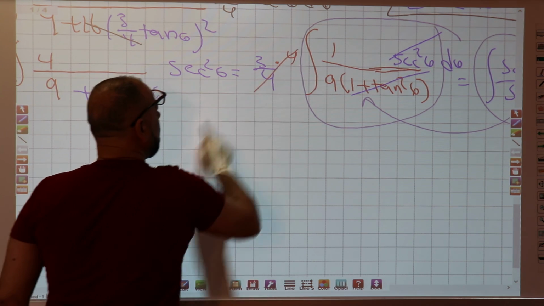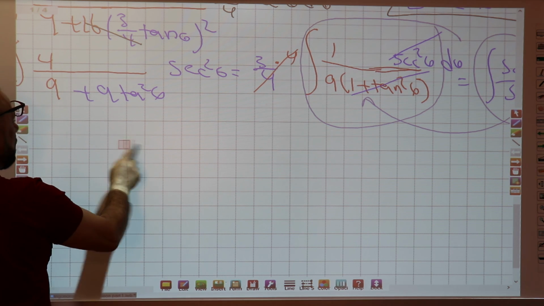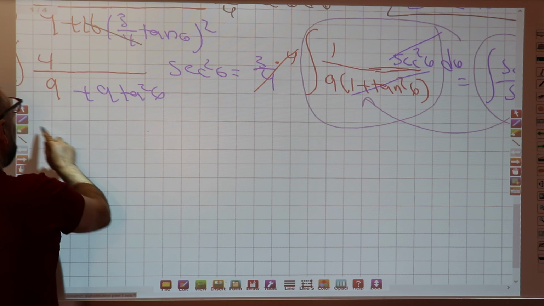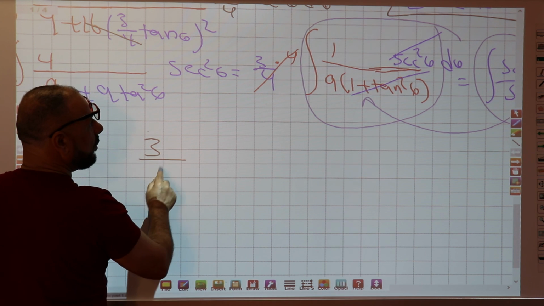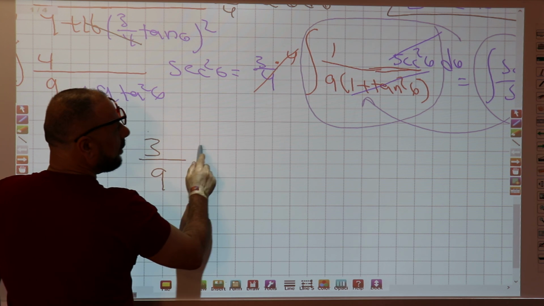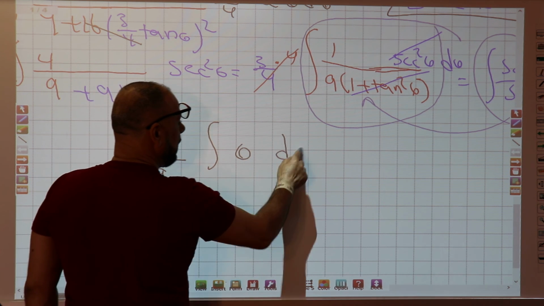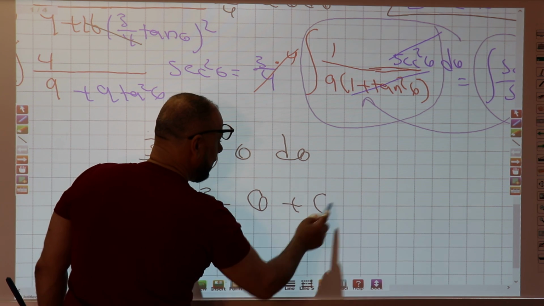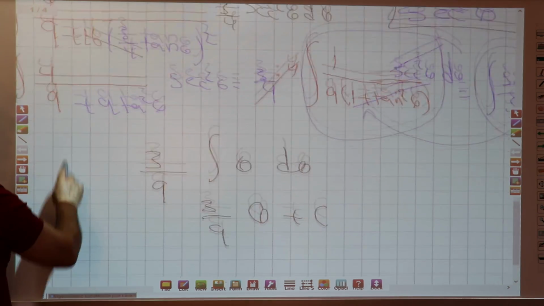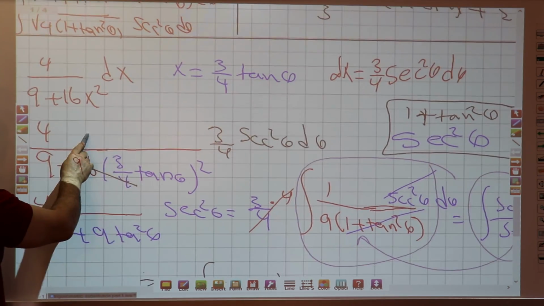I'm going forward with 3 over 4, small 3 over 9, and here we have the integration of d theta, which is 3 over 9 theta plus c.